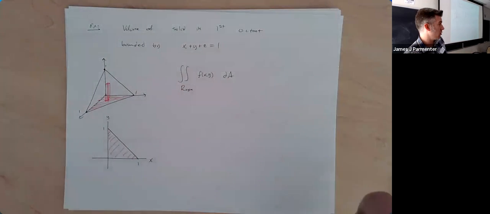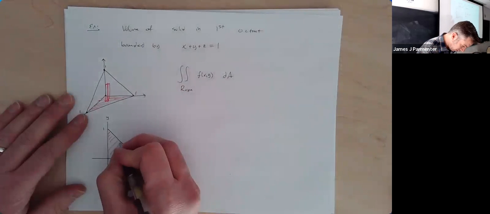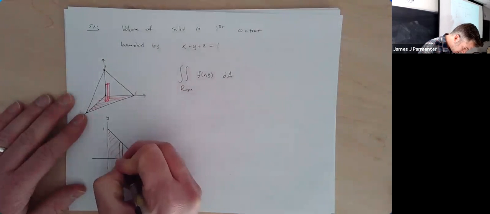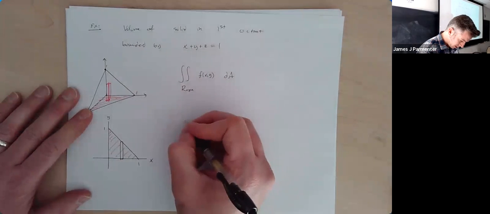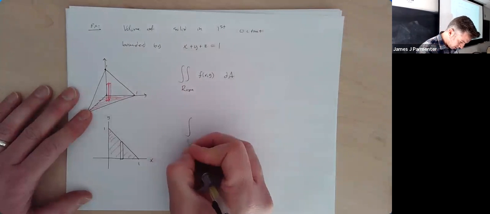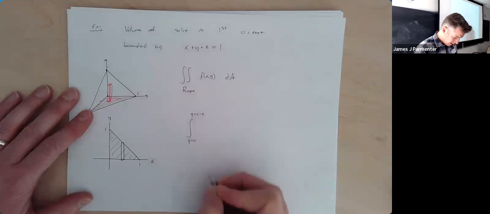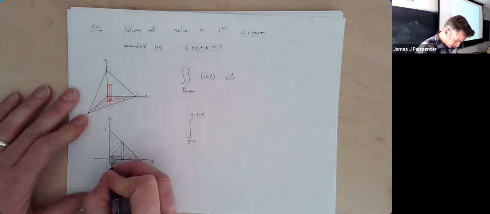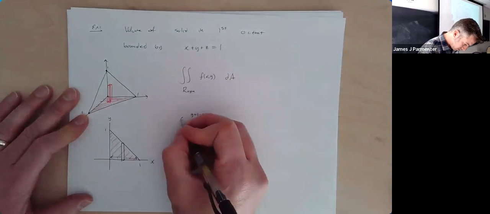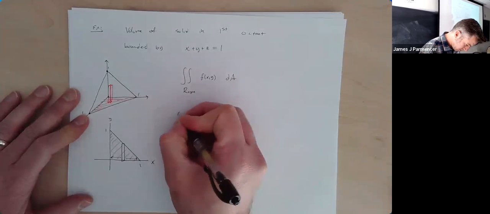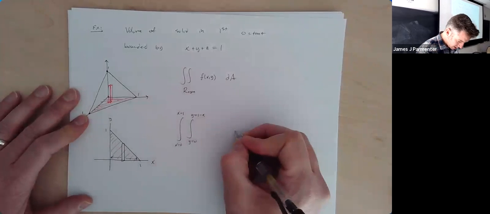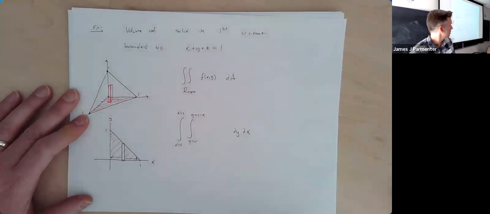I can either use vertical or horizontal cross sections. Let's go ahead and use vertical. So my double integral is going to be going from y equals 0 to y equals 1 minus x. And then x is going to go from 0 to 1. And so it's going to be dy dx.